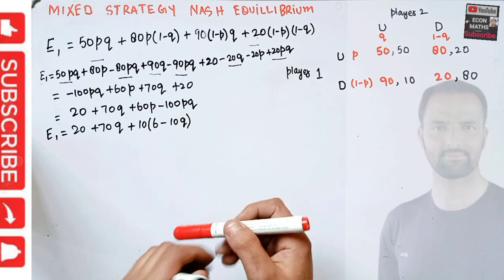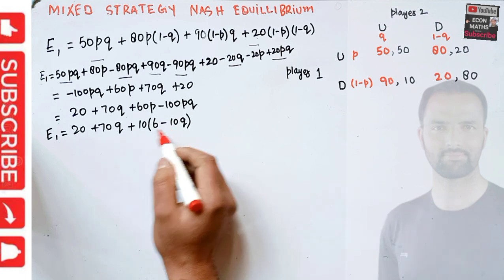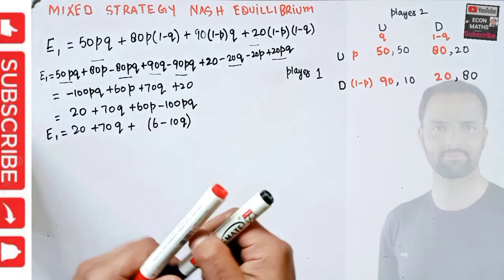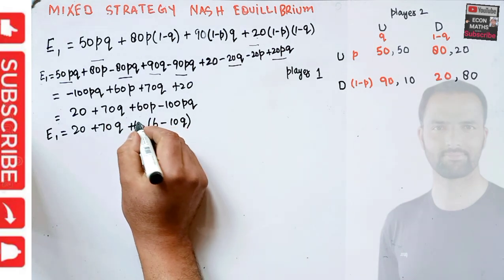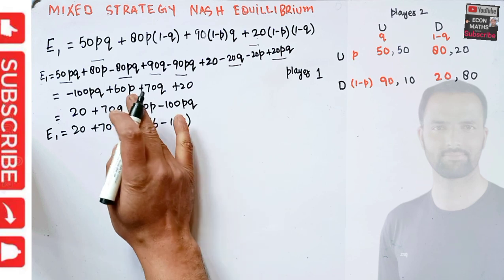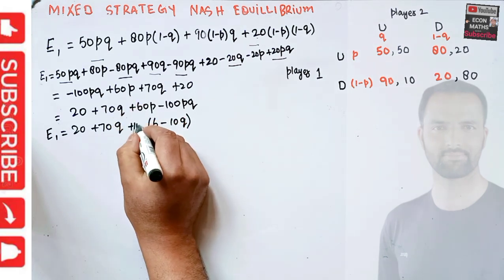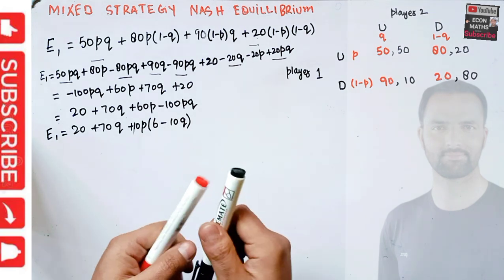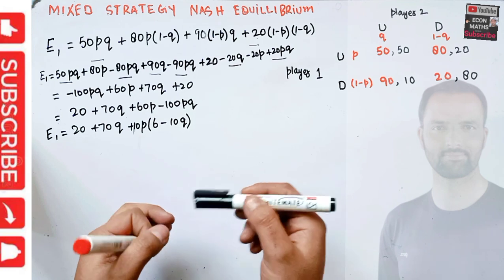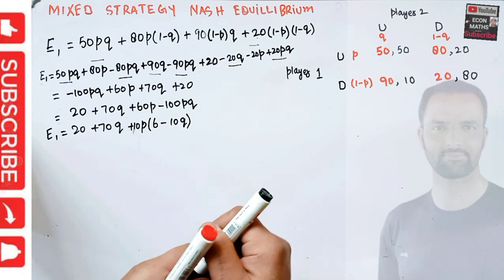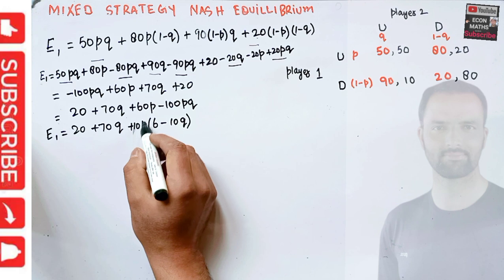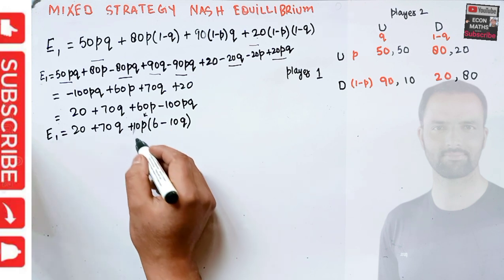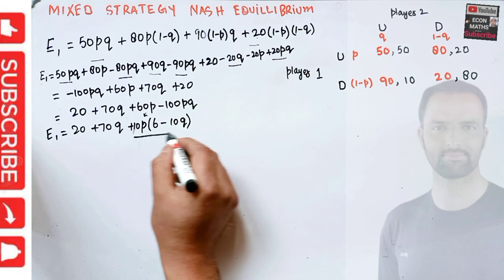Player 1 will choose p. That means player 1 will choose p in such a manner that E1 is maximized.